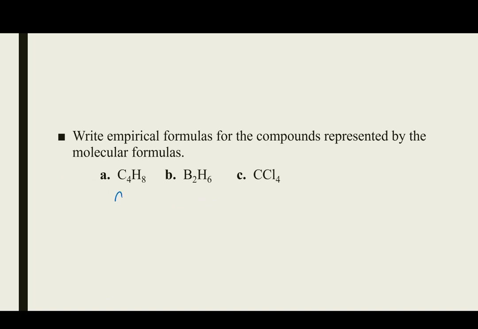So C4H8 can reduce to CH2. B2H6 can reduce to BH3. CCl4, there's only 1 carbon, that can't reduce. So it's just CCl4. The empirical formula is the same as the molecular formula for that one.